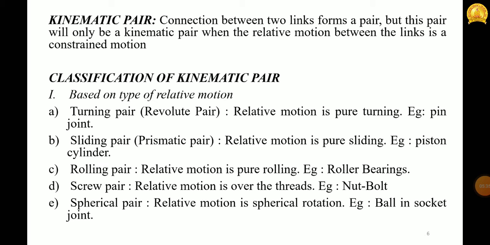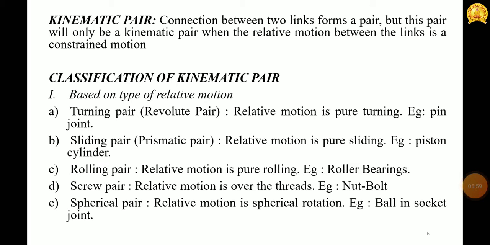Now we are going to discuss kinematic pair. A kinematic pair is a connection between two links forming a pair, but this pair will be a kinematic pair only when the relative motion between the links is a constrained motion. And kinematic pairs are classified based on the type of relative motion, type of contact, and type of closure.